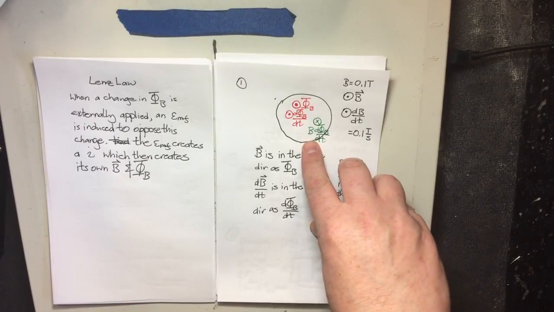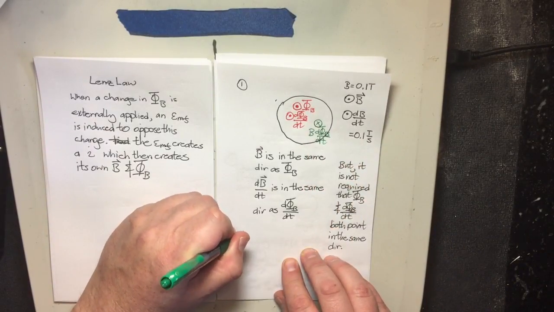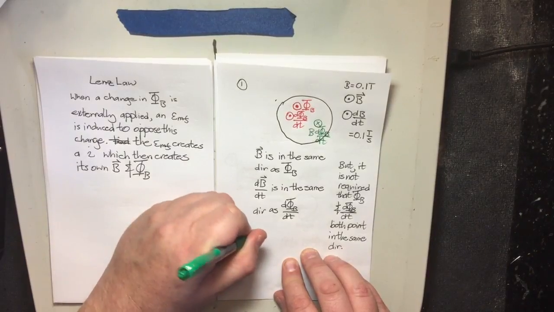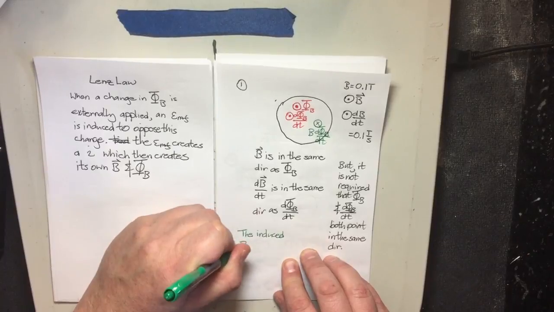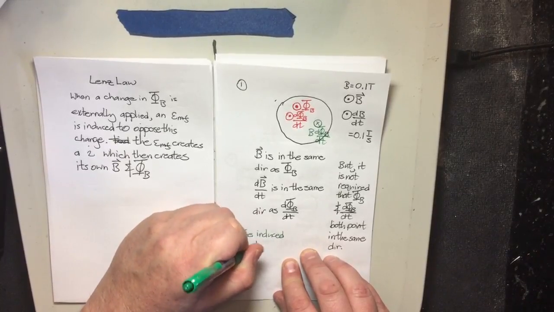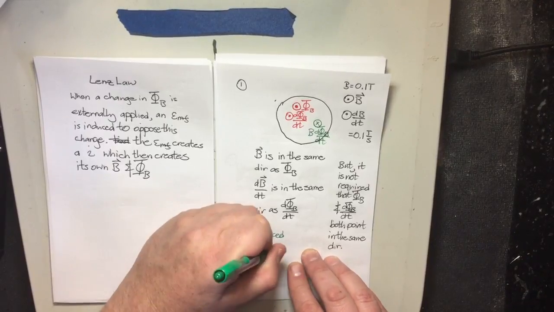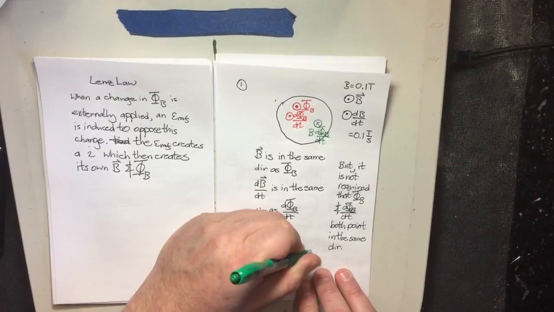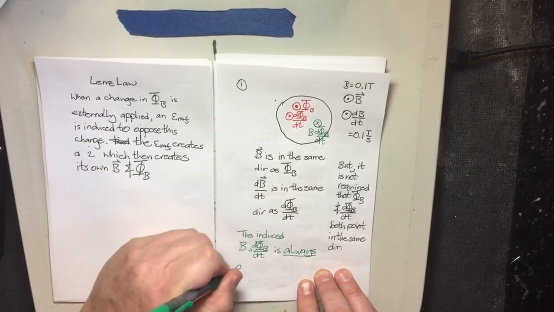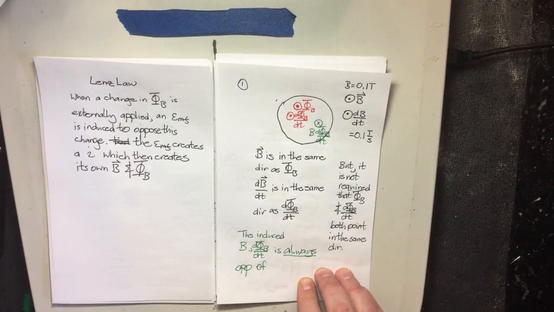I've labeled in green the induced B field and d phi B/dt is always opposite of that.